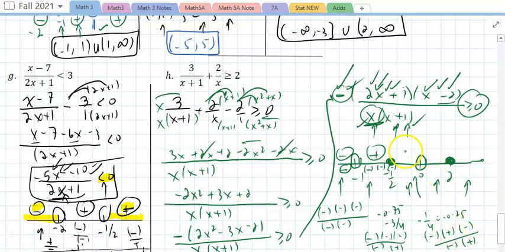So we have 3 negatives, that's a negative. Between 0 and 2, let's go for 1.